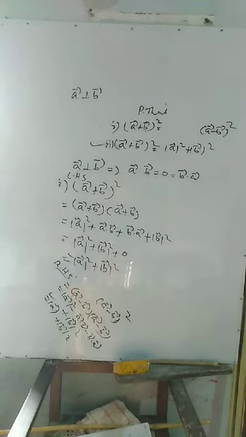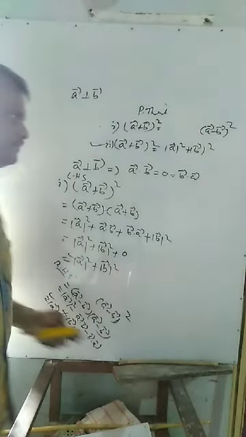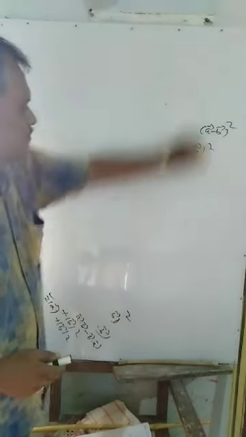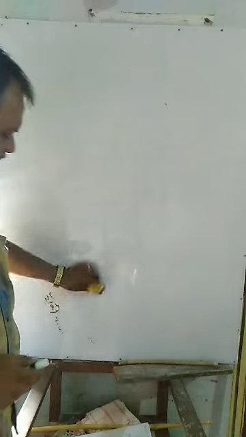Now we will discuss the cross product. What is the cross product? The cross product of two vectors is also known as the vector product. Why is it said to be a vector product? Because after the product of the two vectors we get a vector quantity.